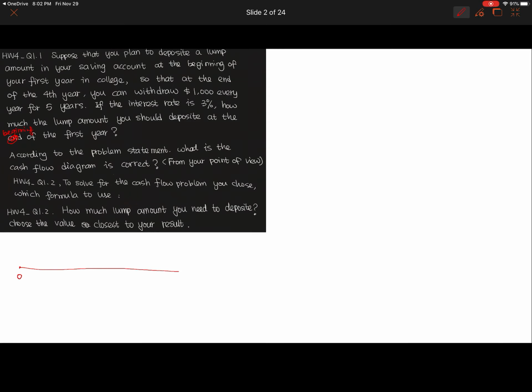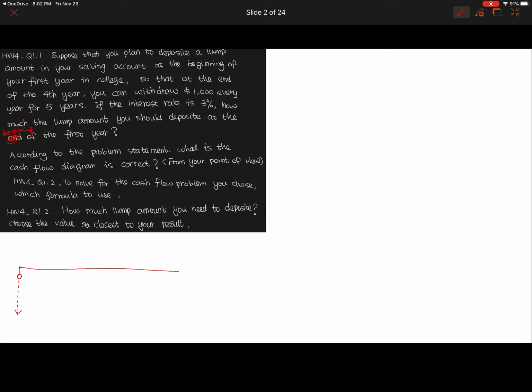So first step is to draw the diagram. At the beginning, you want to deposit some amount of money. You have the money out of your pocket and save it in the bank account. So that's money outflow, not income. It's going to be an arrow going downward. And that's the amount you want to solve for, so it's going to be a dashed line.